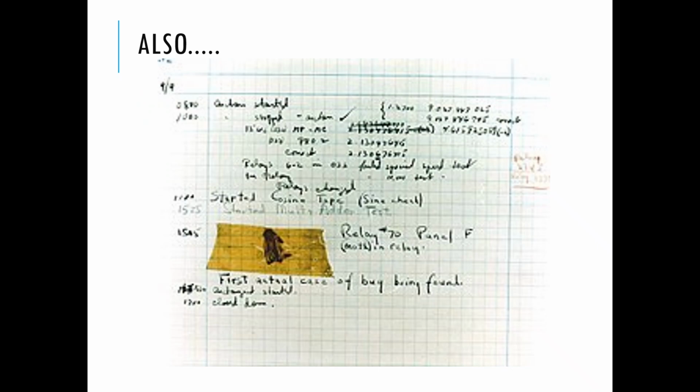Also, she's famous for a story I want to be true, but unfortunately, when I looked into it, it's not. You will hear a version of this story: she and her team find the very first computer bug, and by bug they literally mean a bug. A moth flew into one of the vacuum tubes of their computer, fried itself, and shorted out the circuits.